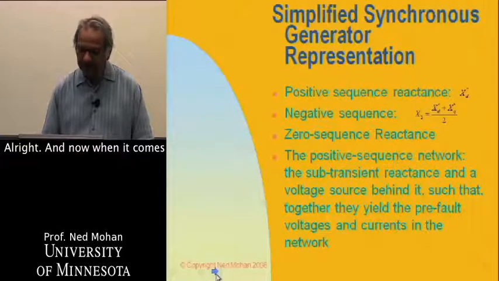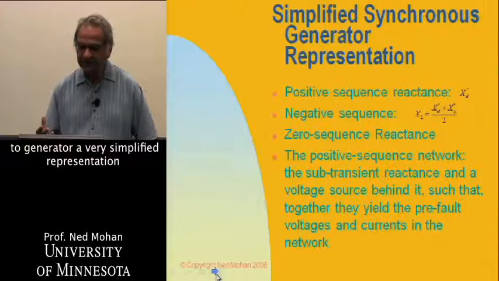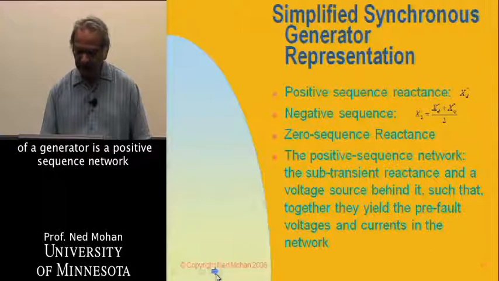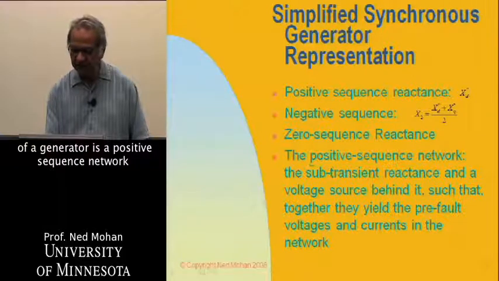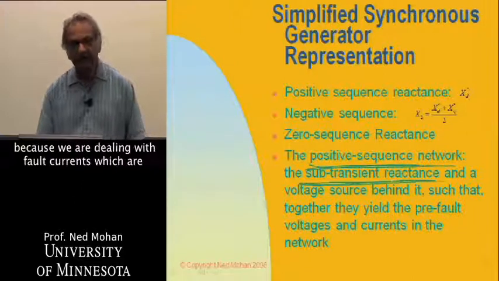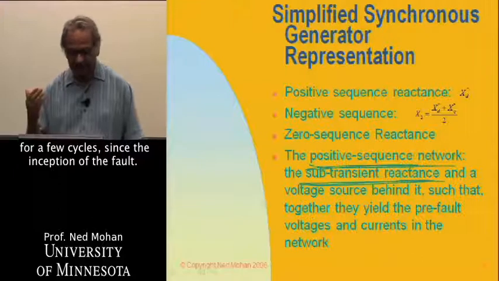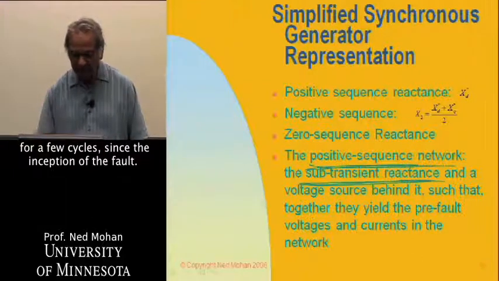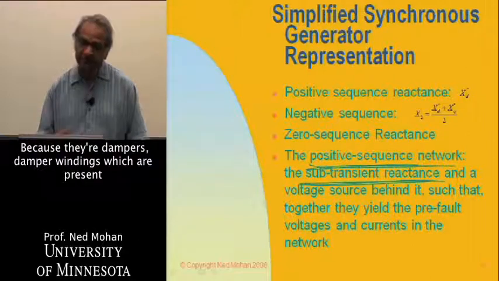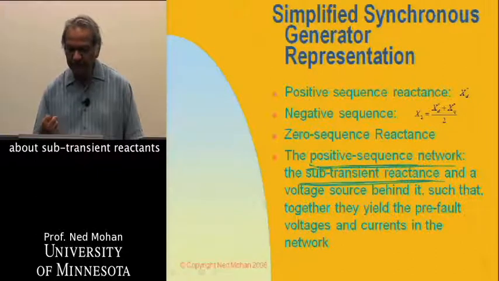All right. Now, when it comes to a generator, a very simplified representation is a positive sequence network where you have a subtransient reactance, because we are dealing with fault currents which are for a few cycles since the inception of the fault. Because of the damper windings present in these generators, we usually talk about subtransient reactance.